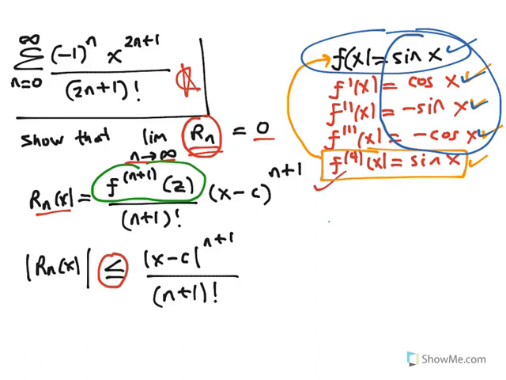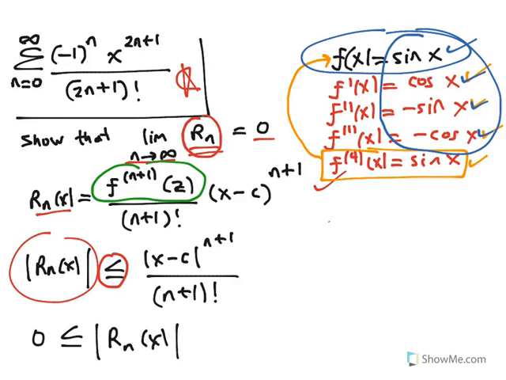And what we have to show is that, first of all, the remainder is going to be non-negative. The absolute, I meant to say the error is non-negative. So the error, which is the absolute value of the remainder, will be greater than or equal to 0.